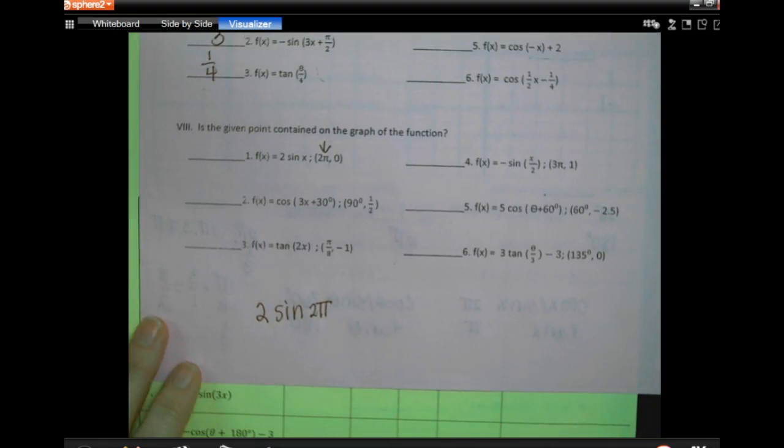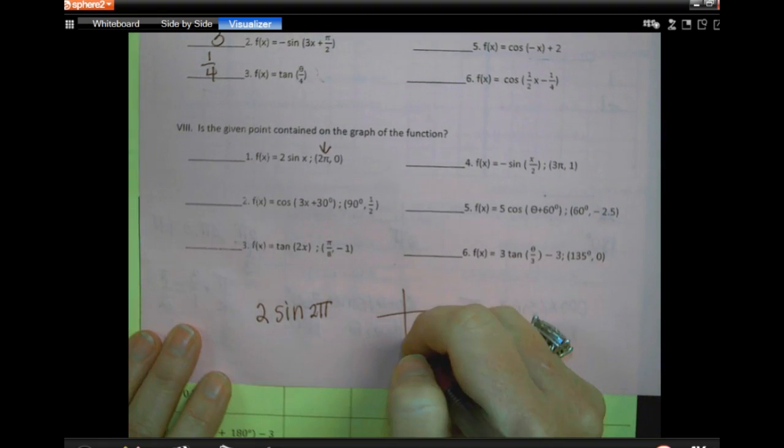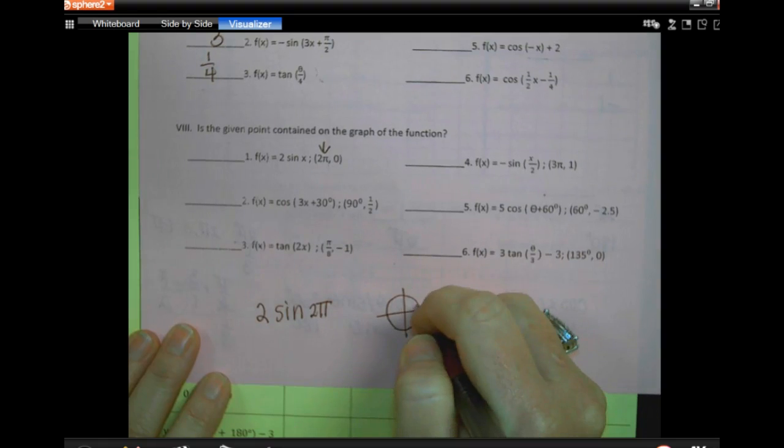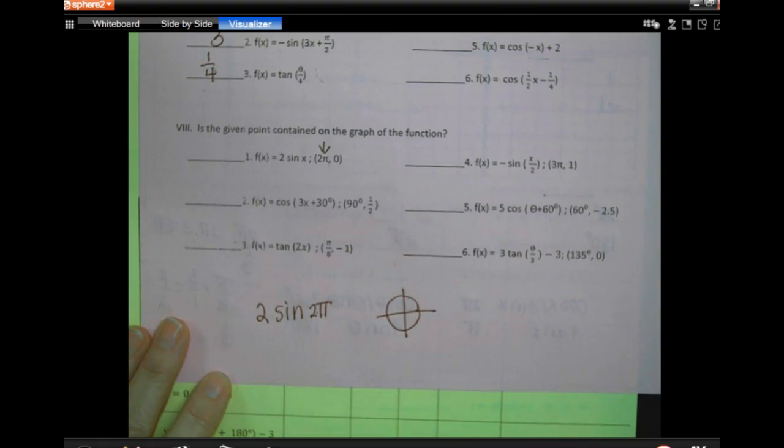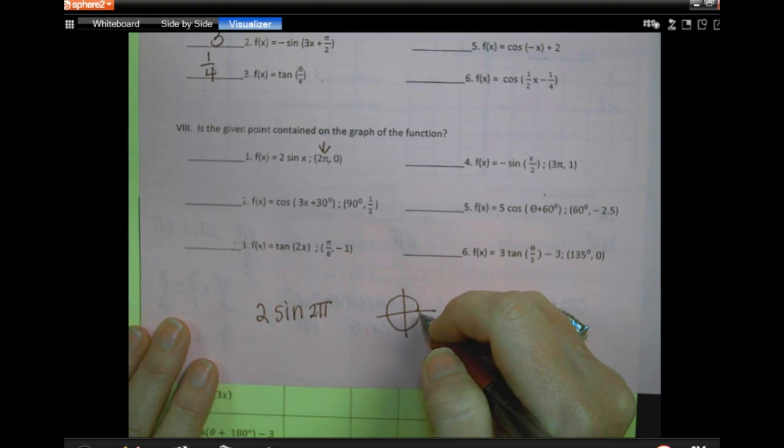I'm almost afraid to ask. So I'm going to take a deep breath first. On the unit circle, what is the sine value at 2 pi? Thank you.